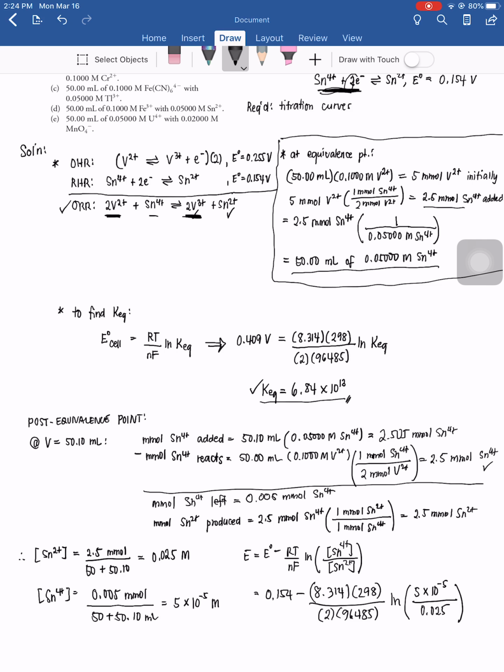So, plugging all of these values into our calculator, E is actually going to be equal to 0.234 volts.